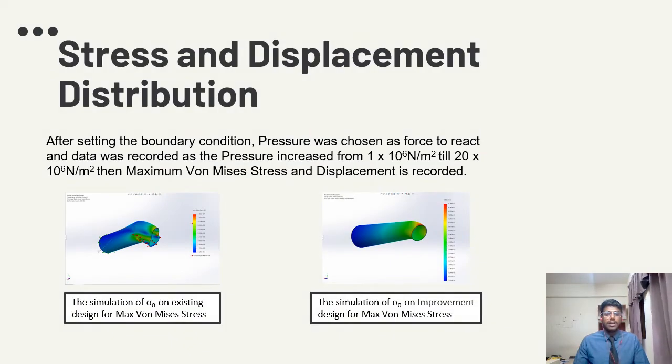As for stress and displacement distribution, after setting the boundary condition, the pressure was chosen as the force to react on the existing and also the improvement design. So then the data was recorded and the pressure was increased from 1 mega Newton per meter square till 20 mega Newton per meter square. And then the maximum von Mises stress and the displacement was recorded.